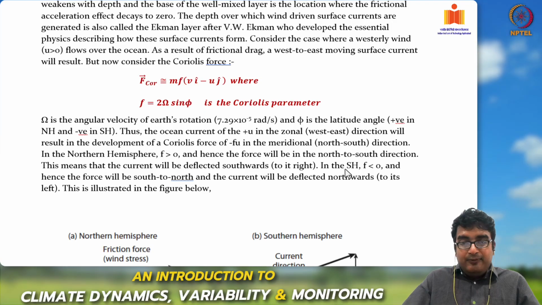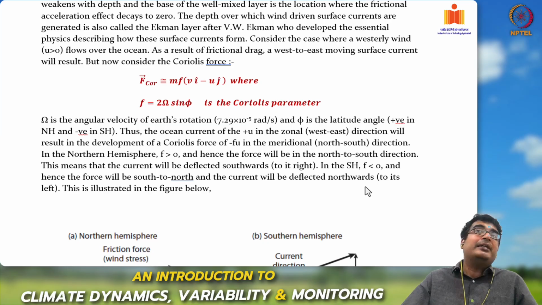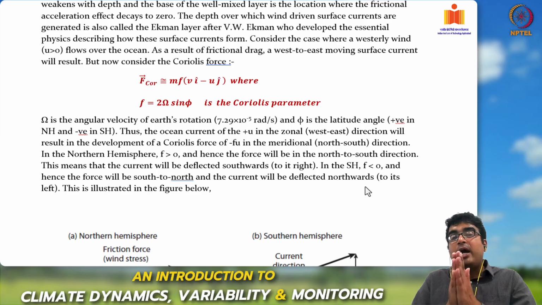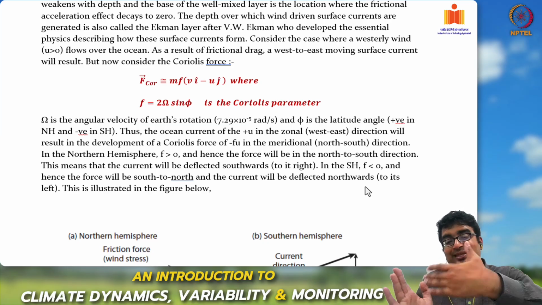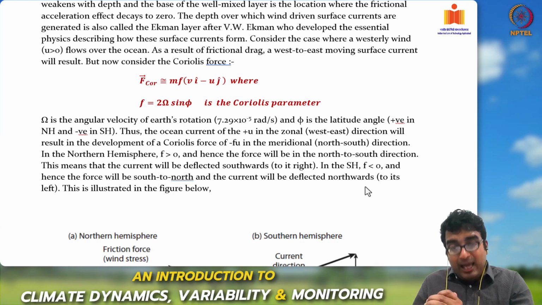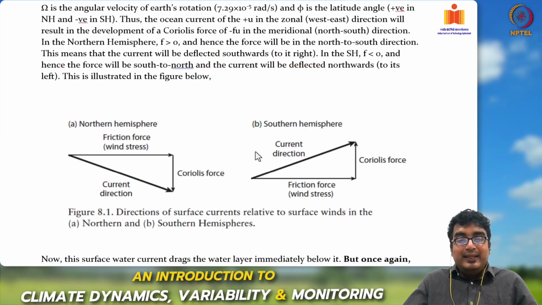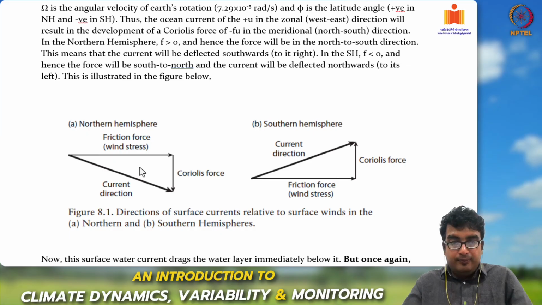In the southern hemisphere, the Coriolis force parameter is negative, and hence the force will be south to north, and hence the current will be deflected northwards. So if the current was flowing from west to east, in the southern hemisphere it will be deflected towards its left, that is northwards. And this is what we see in this figure here. The initial frictional force is from west to east.